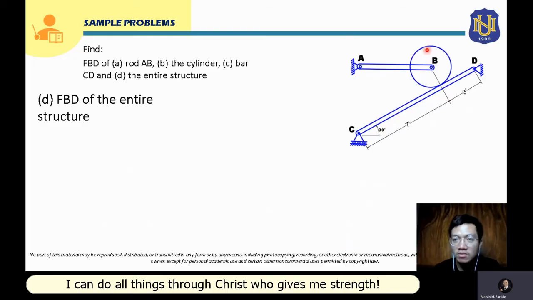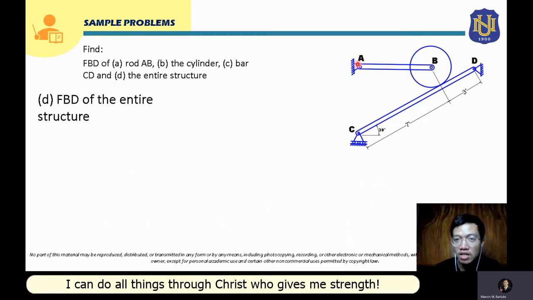For example, this cylinder, what supports this cylinder? It is actually supported by this pin at B and this bar CD. So it is supported by these bodies, by rod AB and by bar CD, or the pin at B. Now what supports this pin at B?